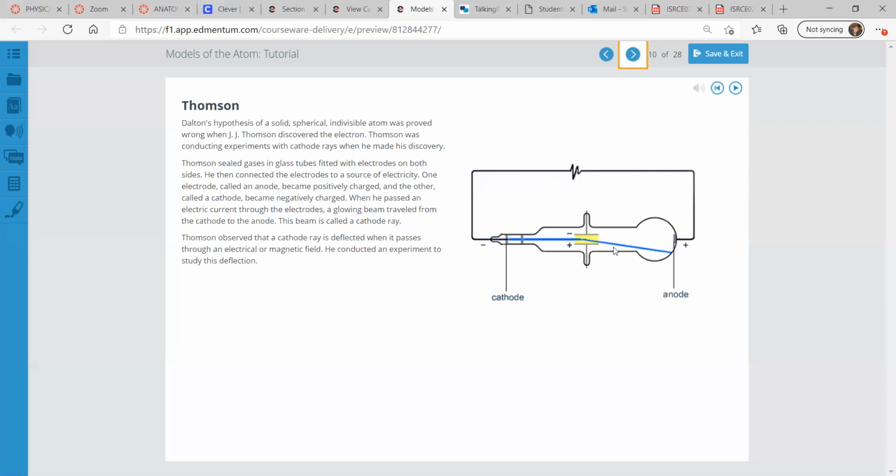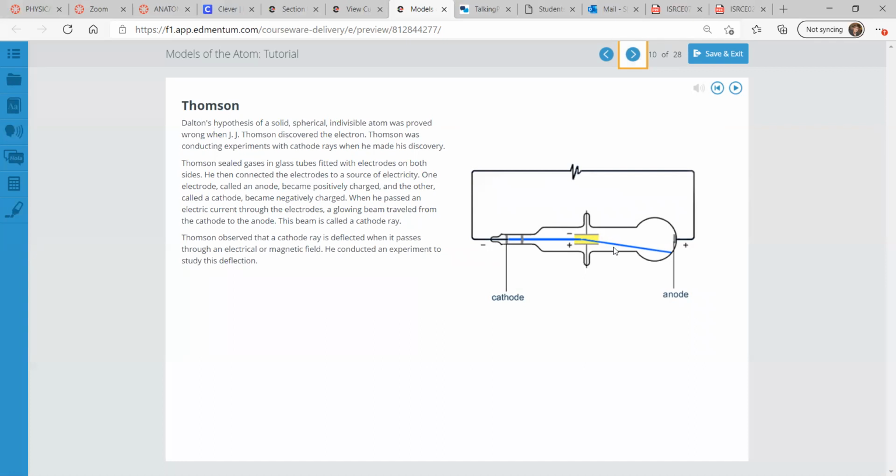He connected the electrodes to a source of electricity. One electrode, called an anode, became positively charged, and the other, called a cathode, became negatively charged. When he passed an electric current through the electrodes, a glowing beam traveled from the cathode to the anode, and that beam is called a cathode ray.